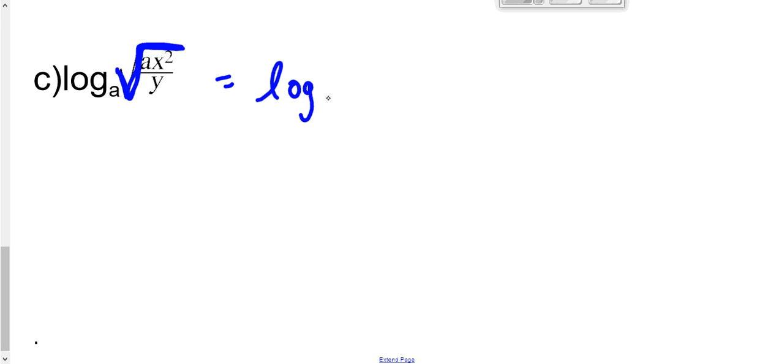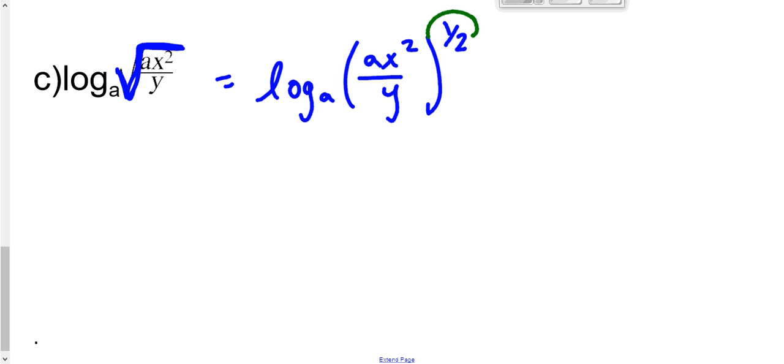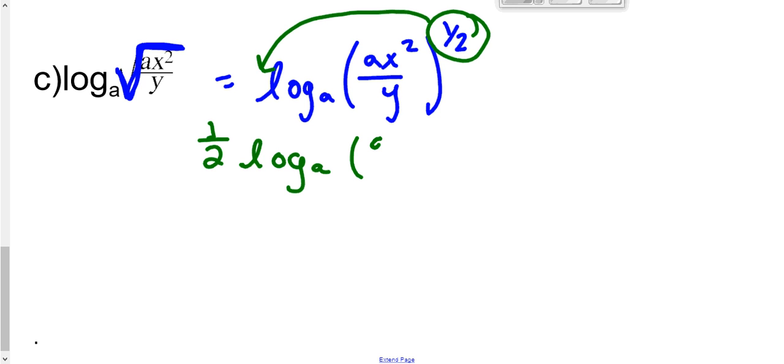So this is log base a of ax squared divided by y to the 1/2. Our first logarithm rule that we'll apply here is moving that exponent to the front. Log base a, 1/2, ax squared divided by y.